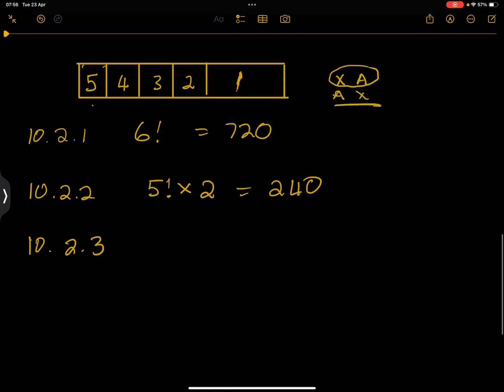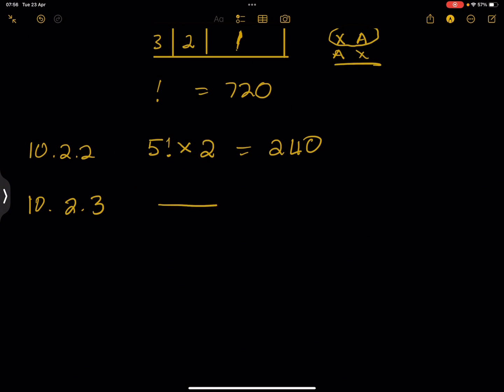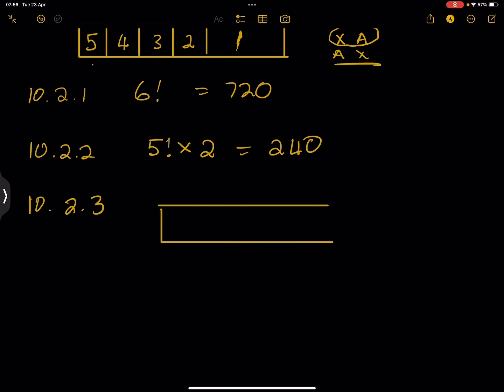Now, ladies and gents, please remember, the end of a row comes in 2 ways. It could either be the end from the left-hand side, or it could be the end on the right-hand side. Now, let's assume that she will sit on the edge on the left-hand side.